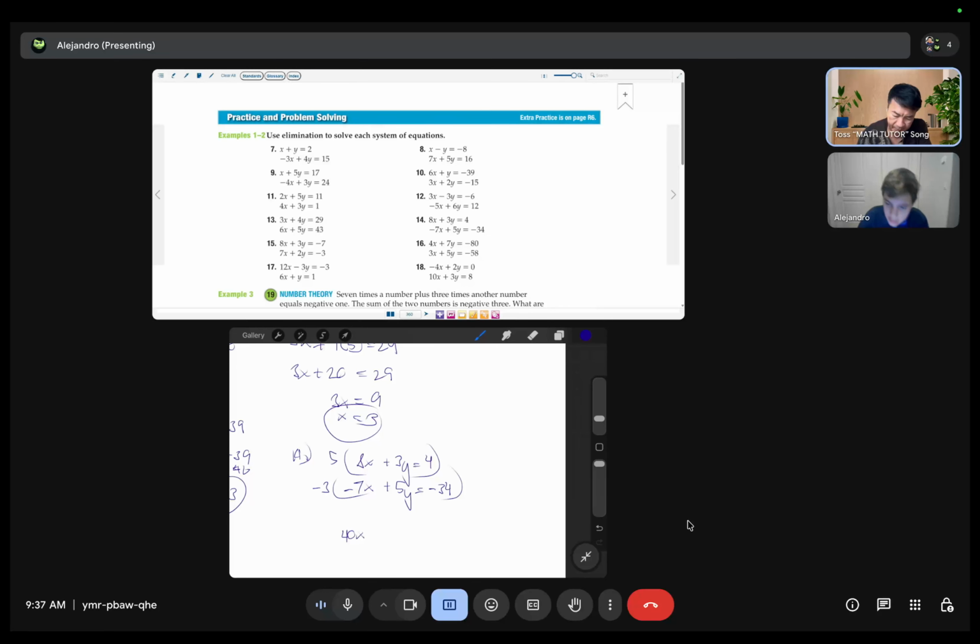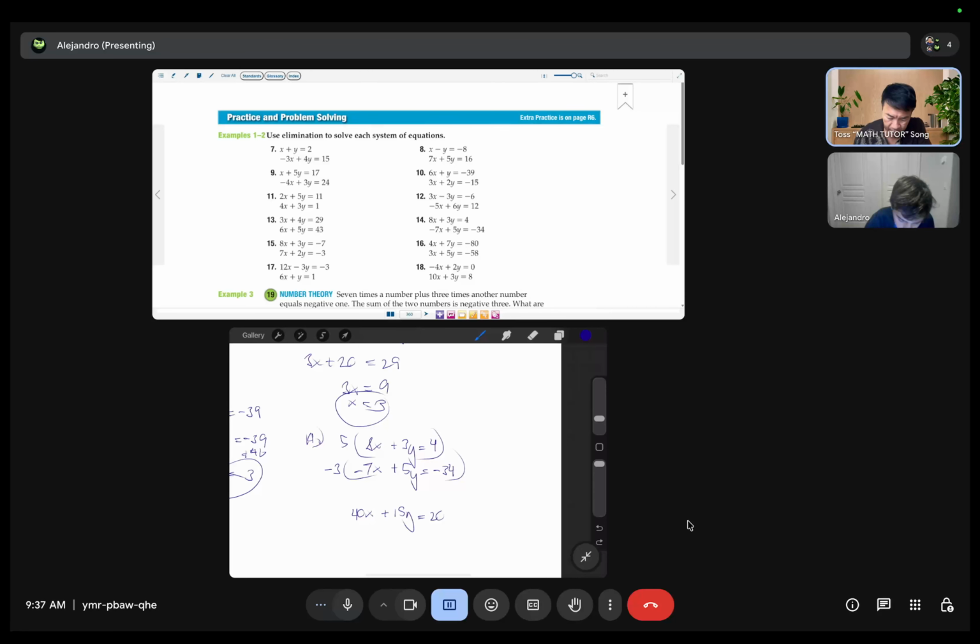40x for the first equation, 15y equals 20. It's my y here. 21x, negative 15y, and what is that? 90 and 12. That's going to be positive 102, I think.